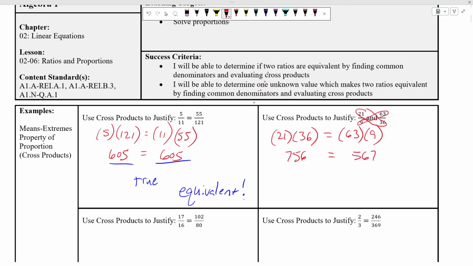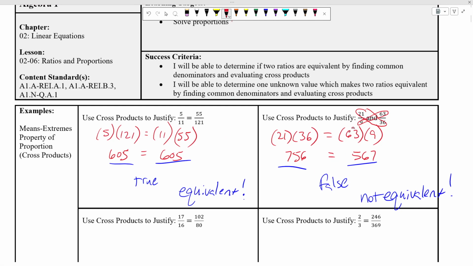Wait a minute here. You should have some alarm bells going off. There's nothing further we can do, and these are completely different numbers. So it is a false statement of truth. Therefore, they are not equivalent.